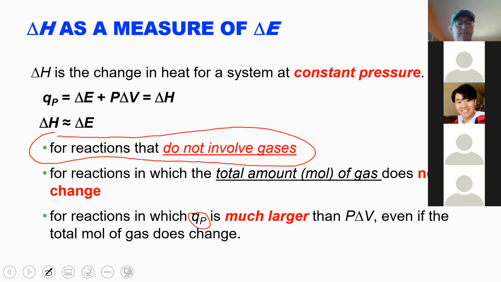Chemists are not sticklers for that sort of thing. If P delta V is so small that it's very difficult to measure, we'll just measure the heat. That's close enough. Close enough for horseshoes, hand grenades, and measuring enthalpy. Okay.